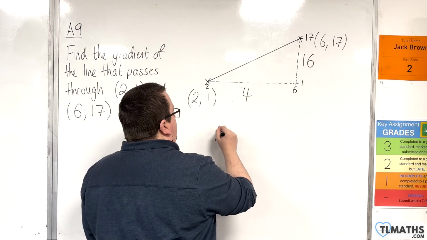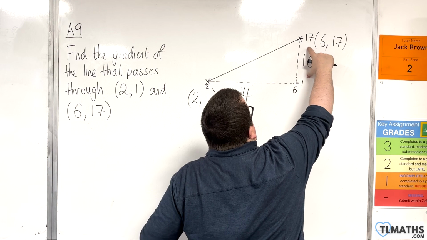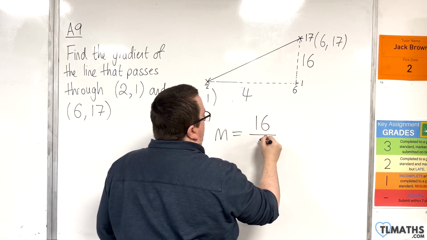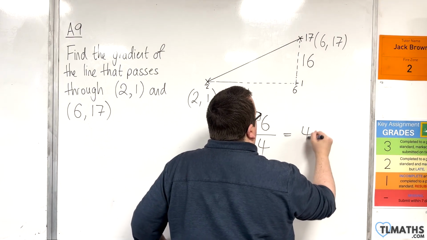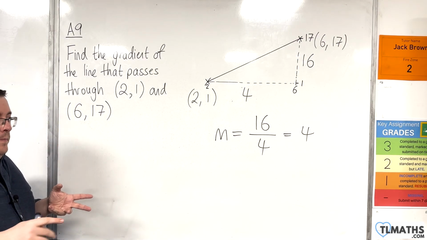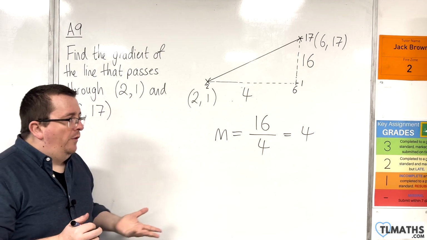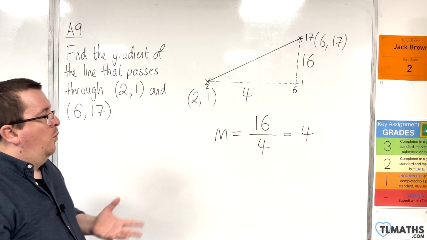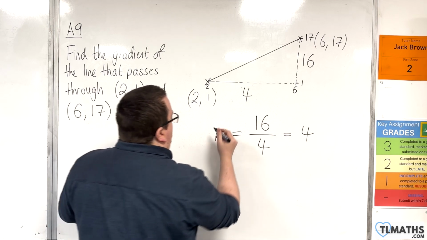So then the gradient of my line is equal to 16 divided by 4. And 16 divided by 4 is 4. So that is the answer to the question. But really what I want to take away from this is some kind of generalized way of working out that gradient. So let's take a step back.